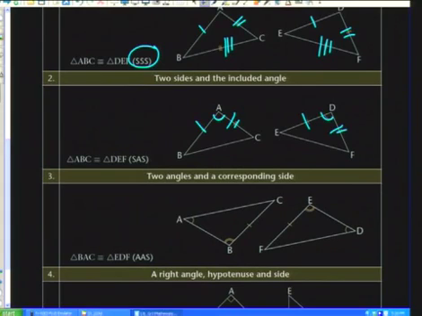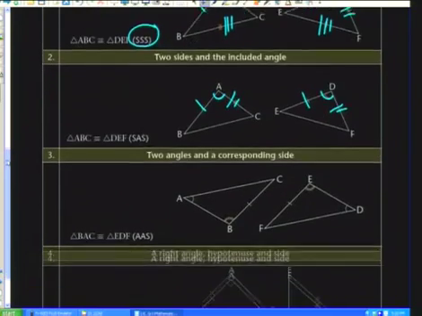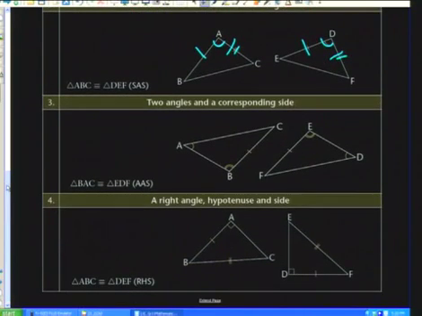We call that side angle side. And we've got the condition where we've got 2 angles and a corresponding side. In other words, the side is opposite the same angle in both triangles. So this side here would be equal to that side there. Okay. And then we've got the right angle hypotenuse side.